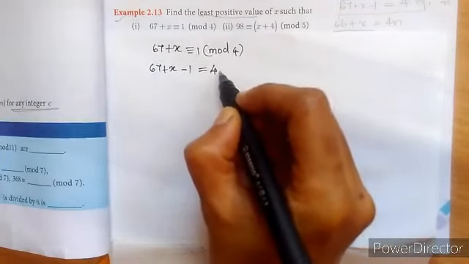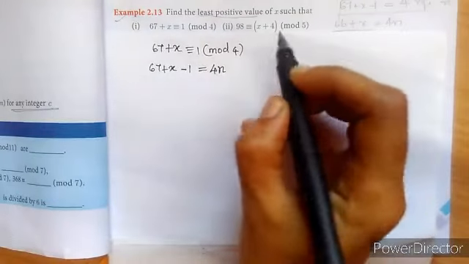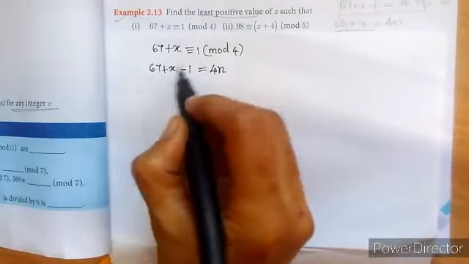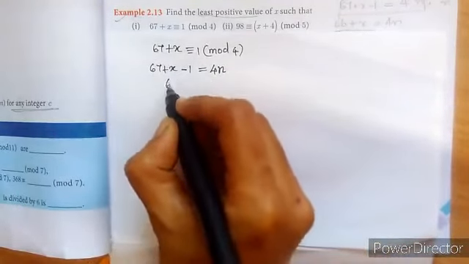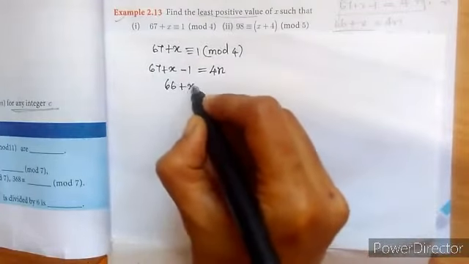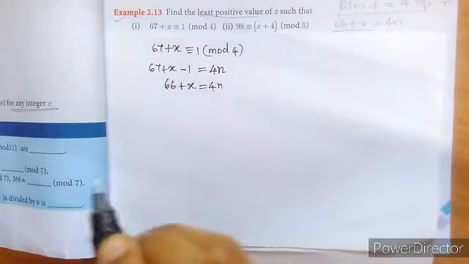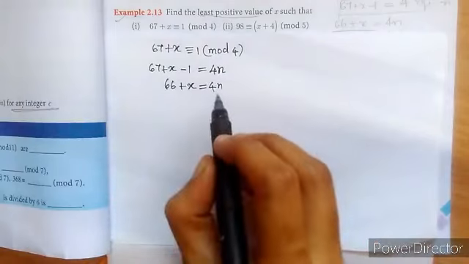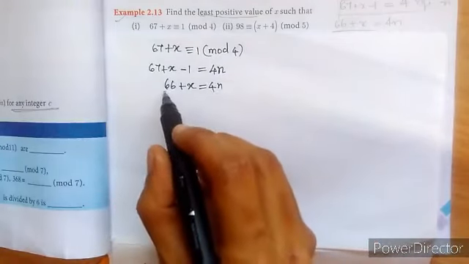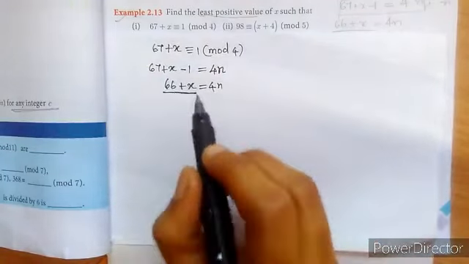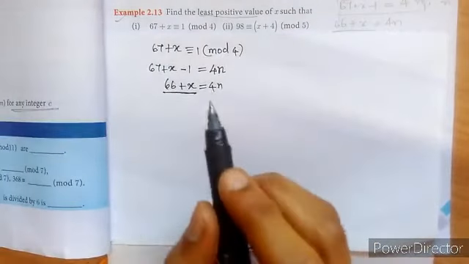So you can take it as k or n. Okay, 4 into n. 67 minus 1 is 66, plus x equal to 4n. So, what is the meaning of this one? This 66 plus x is divisible by 4, isn't it?